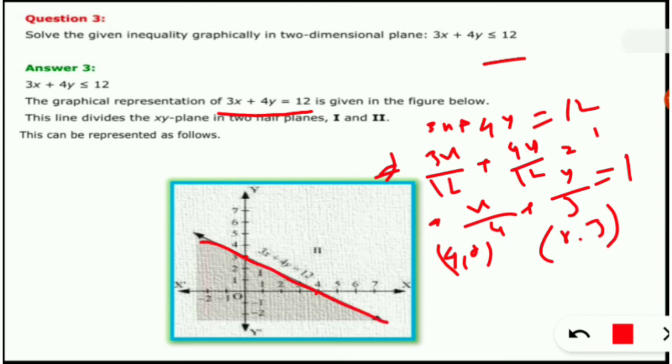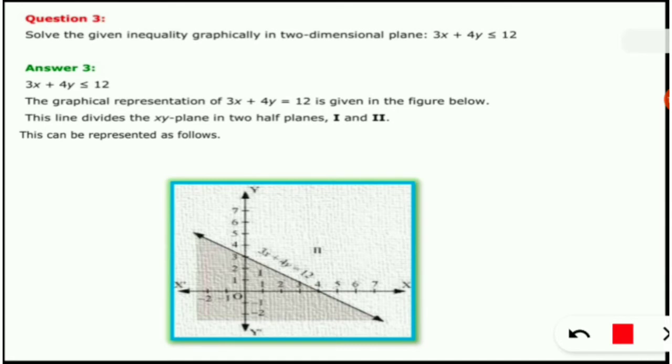So this is the graphical representation of the line, and the line divides the xy plane into two half planes, half 1 and half 2. Now, this is the equation of the line 3x + 4y = 12. The region 3x + 4y ≤ 12 is definitely the lower half plane. Or you can check this way: take the origin (0, 0).